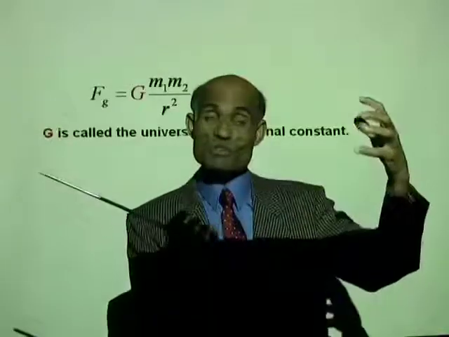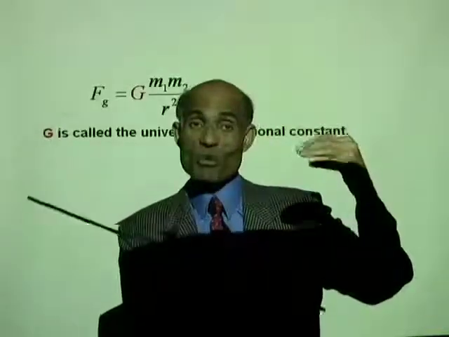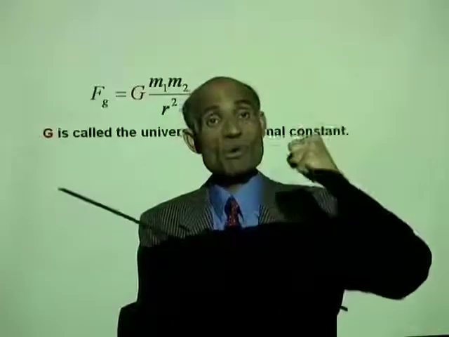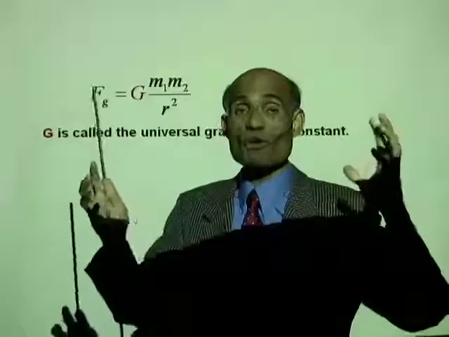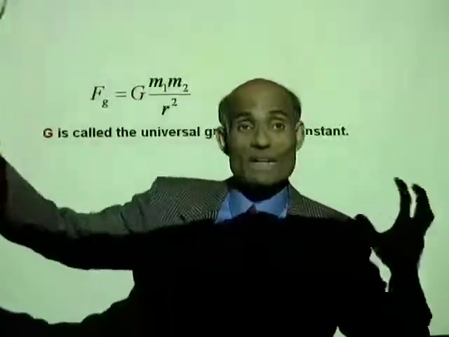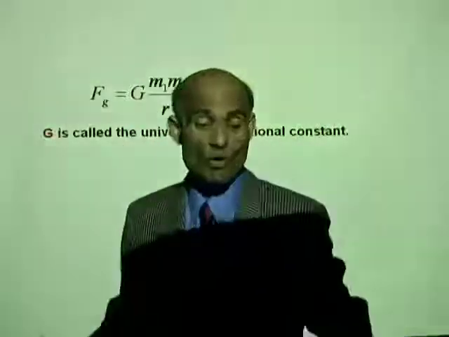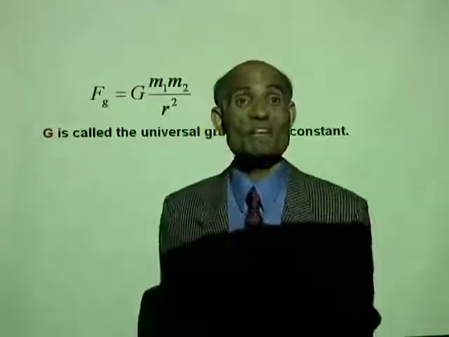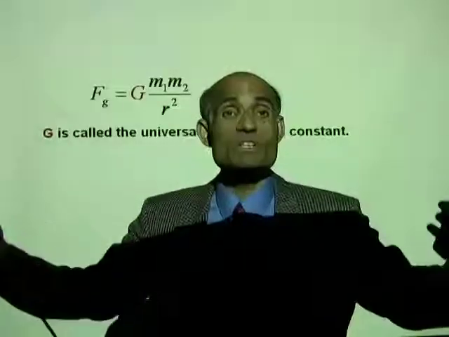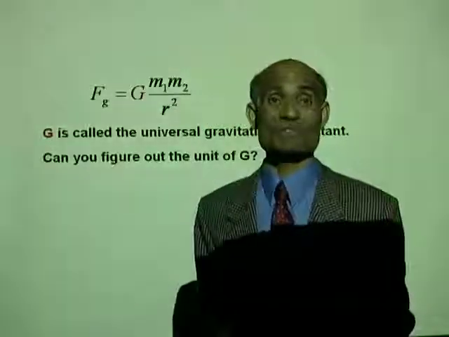It is the same for the force between Earth and the Moon. It is the same for the force between one galaxy and the other. It is the same for the gravitational force between any object anywhere in the universe.